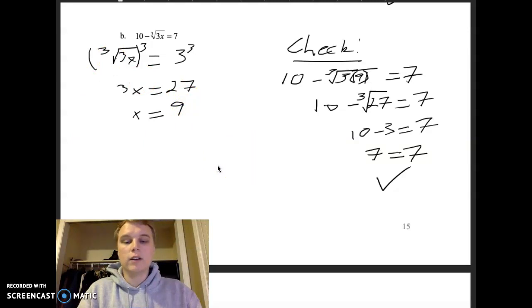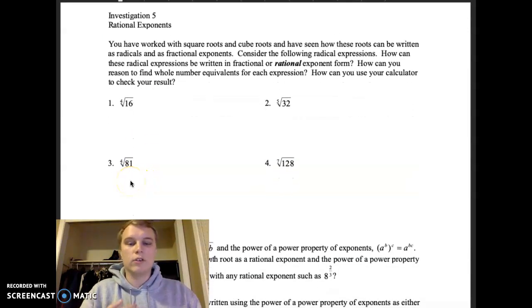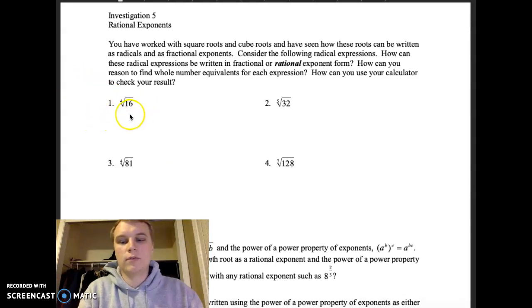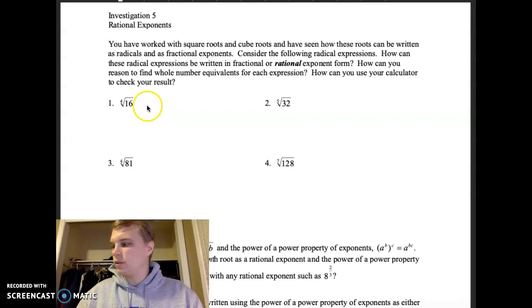So let's move on. We're going to look at now other rational exponents, okay? So for this first one, this is a fourth root or quartic root. You can use your calculator to check any of these, but what we need to figure out is how we can break this down into getting the fourth root.